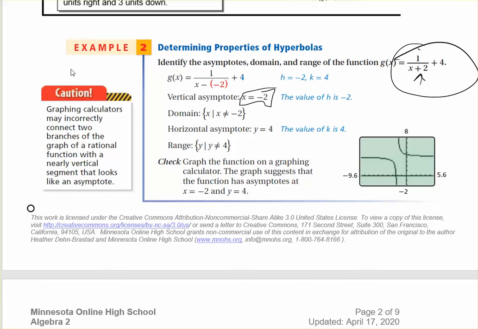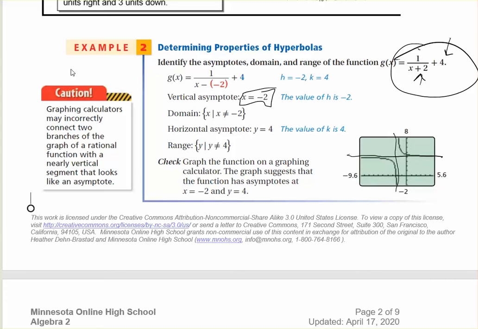X equals -2 is the vertical asymptote. The graph can never be that, so it'll approach that, but it'll never reach it. And then in this one, the horizontal asymptote is given from the number that has been added. So this one has been moved up, so instead of y equals 0, it's y equals 4.